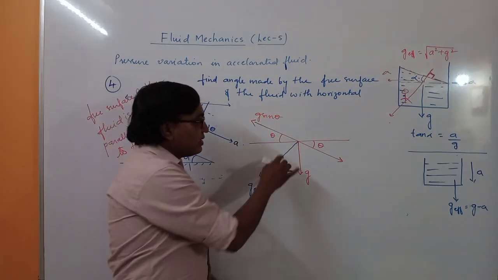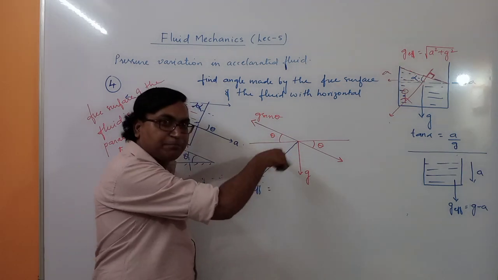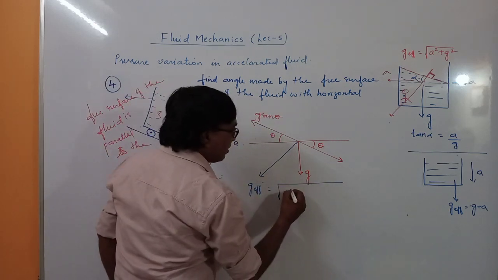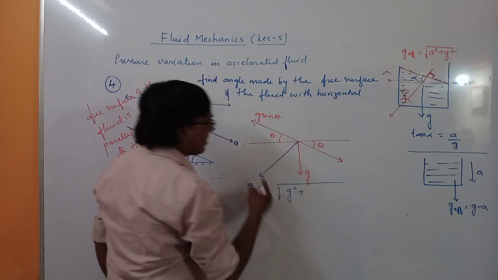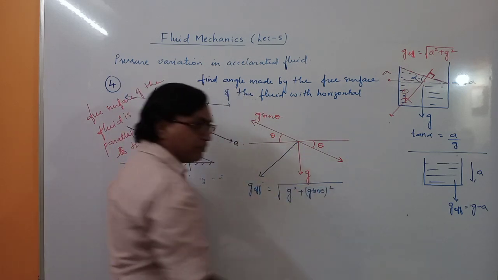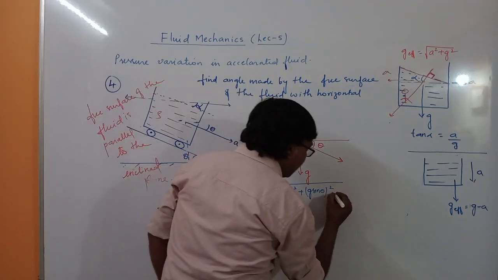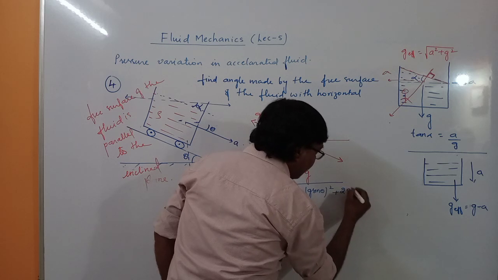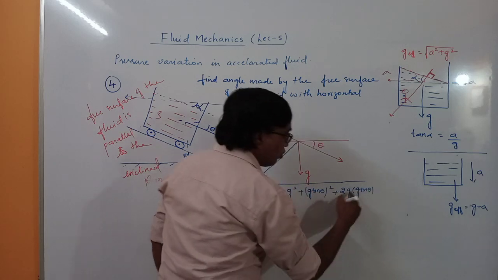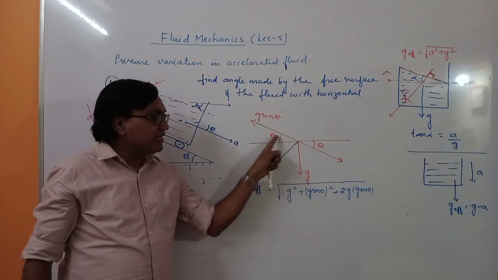See, this angle is 90 degrees and this is theta, so this angle will be 90 plus theta. So then root of g square plus g sine theta whole square plus 2pq cos theta. So plus 2 g, g sine theta, cos of the angle between these two accelerations, which is 90 plus theta.